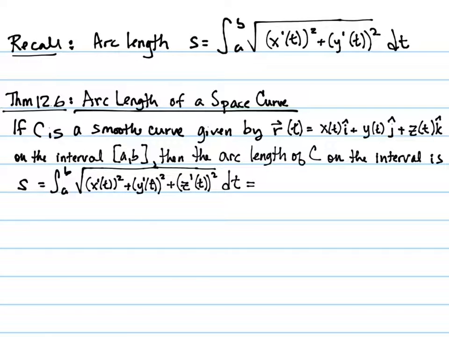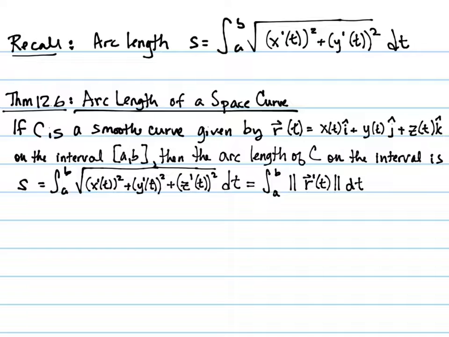And that's actually something we've seen before. What's another way of expressing what's inside of the integral right there? Do you remember? You're right, it's the magnitude of r prime. So this is the magnitude of r prime of t.